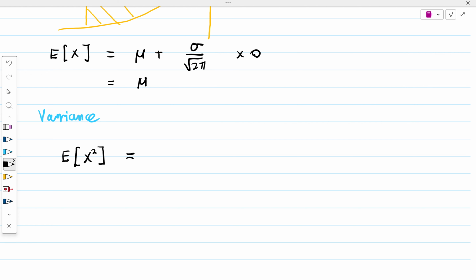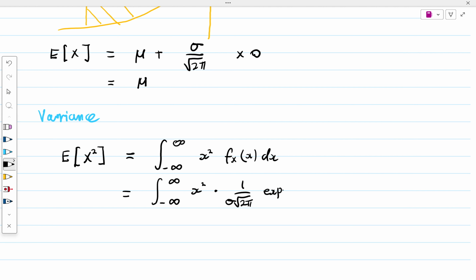So the expected value of the second moment, by definition, is the integral from negative infinity to infinity of x squared f_X of x dx, which in this particular instance is negative infinity to infinity of x squared multiplied by 1 on sigma square root 2 pi exp of negative half x minus mu on sigma squared dx.